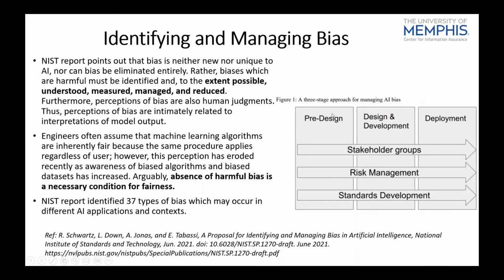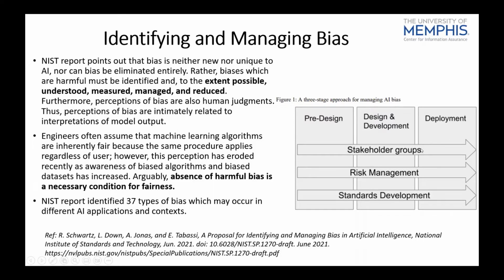So here in this diagram, in the NIST report, we have to think about managing the AI bias at the pre-design space. Then it needs to be translated to the design and development and followed by the deployment. And there are many people who need to be involved at different stages.